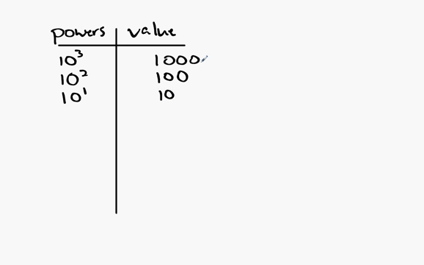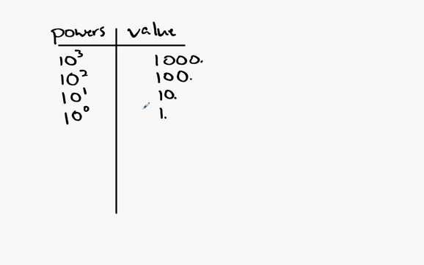Every time we take away a times 10, our decimal moves over one place. It gets 10 times smaller because it's one less 10. If we keep going to numbers we haven't seen before, like 10 to the 0 power, the pattern continues. So 10 to the 0 power is just 1.